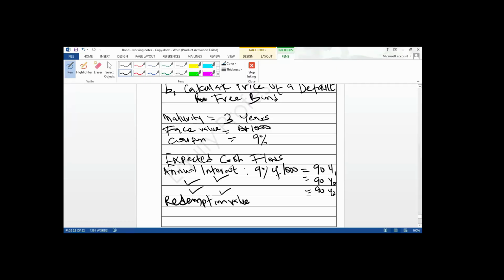Examiner is silent about the redemption value of this bond. In that case, you are going to assume that the bond will be redeemed at par. Redemption value at par. The par value is the face value.